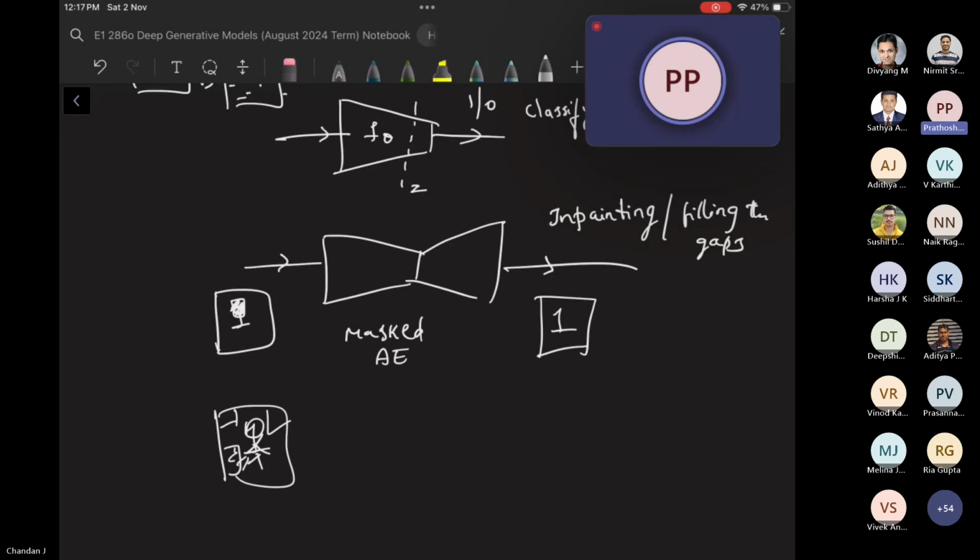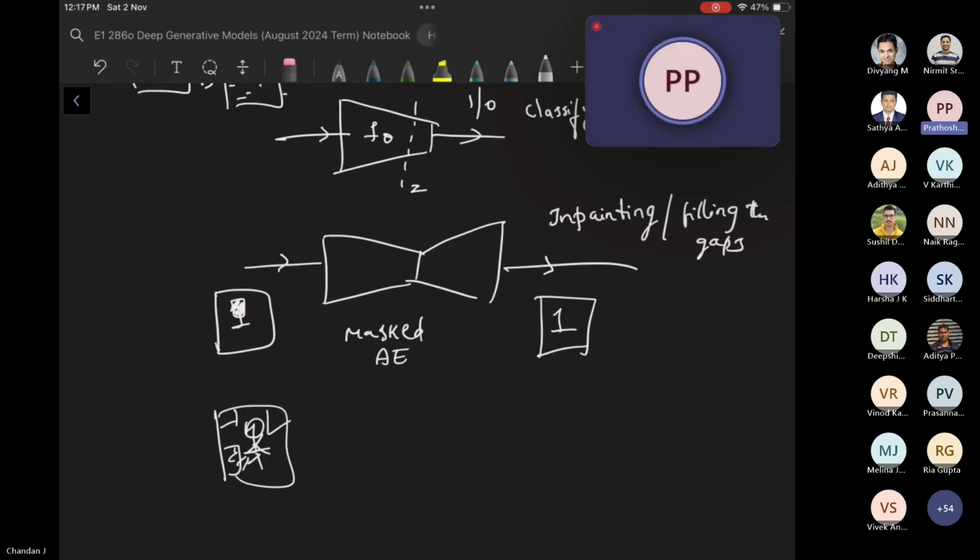The task they solve is, given the context, predict the target. The basic idea is the following: if you can fill in the blanks, the only way to do that is to understand the underlying semantics. That is the whole idea.